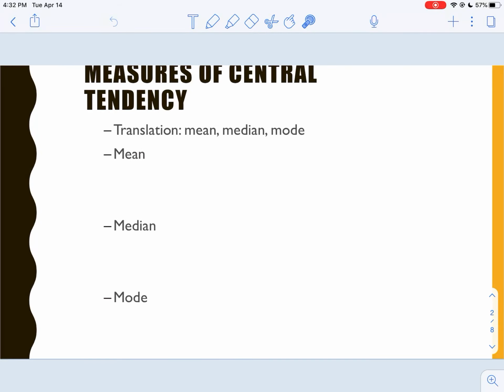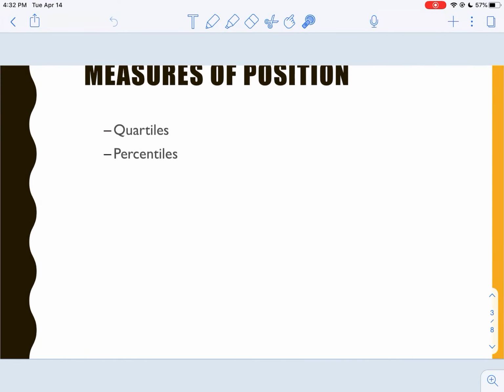So central tendency is really looking at mean, median, and mode. We've talked about those, fairly comfortable. I don't think I'm going to review them here. Measures of position is really looking at quartiles or percentiles.